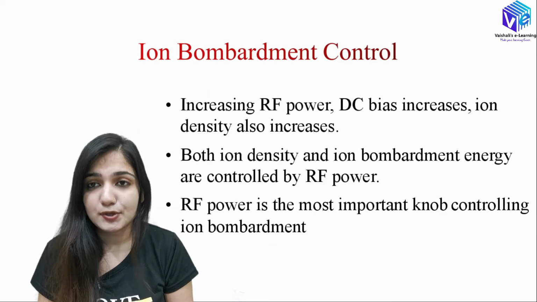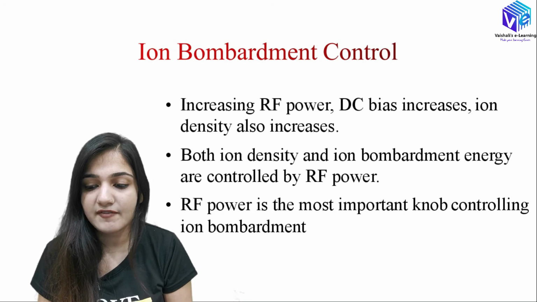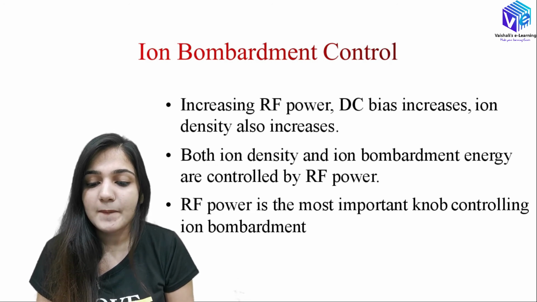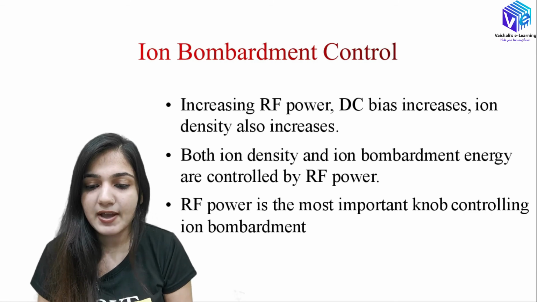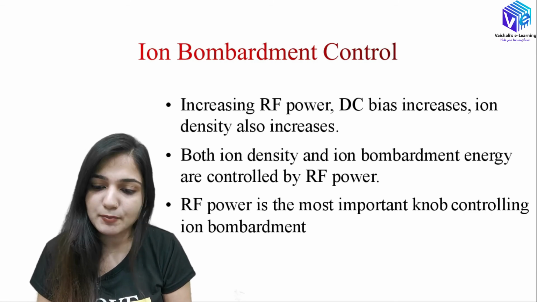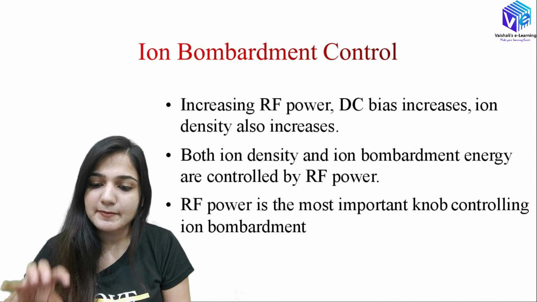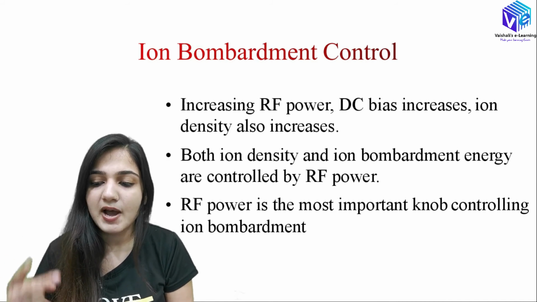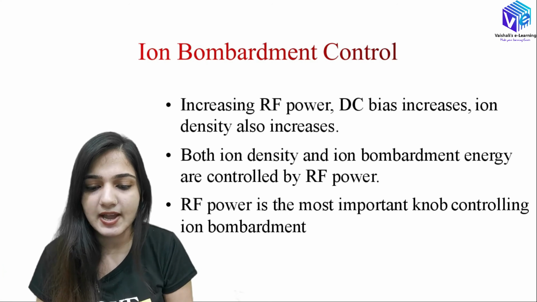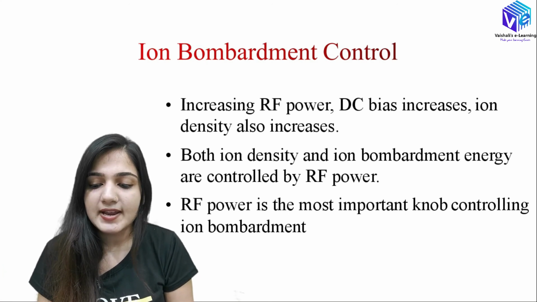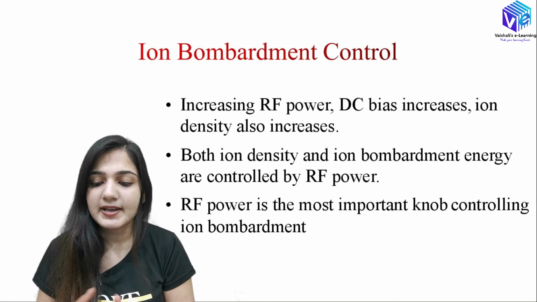Now coming to the control, how I can control this process: increasing RF power, DC bias, or ion density increases the ion bombardment rate. These three things will increase the ion bombardment. Both ion density and ion bombardment energy are directly controlled with the RF power.